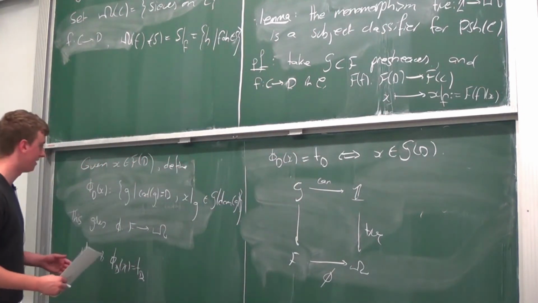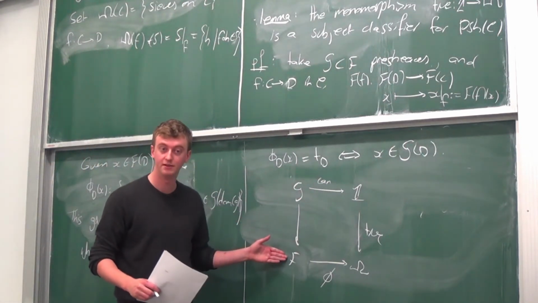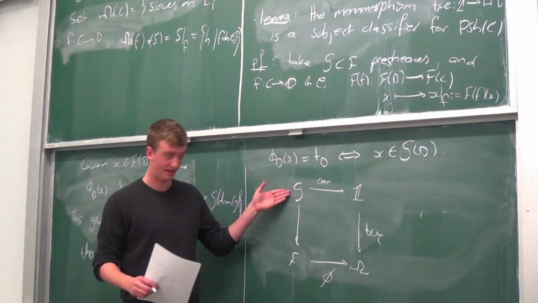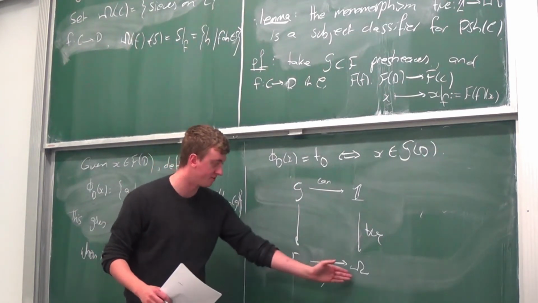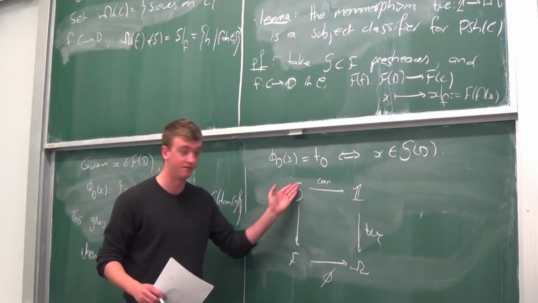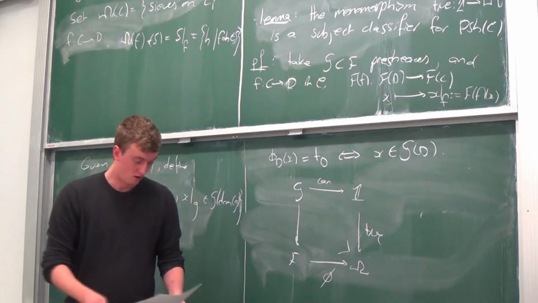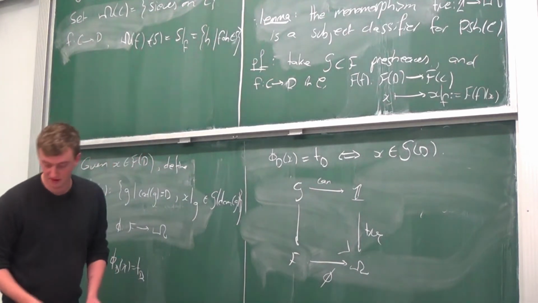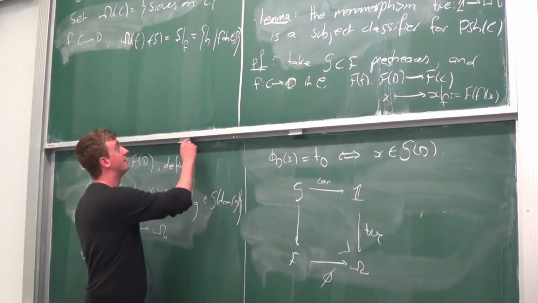So to rephrase, x that came from F of D actually came from G if and only if going around this way lands you in the maximal sieve, which is what going around this way does. So this really is a pullback. But then, to be a sub-object classifier, we need this phi to be unique. That's the last little thing I need to show in this proof.